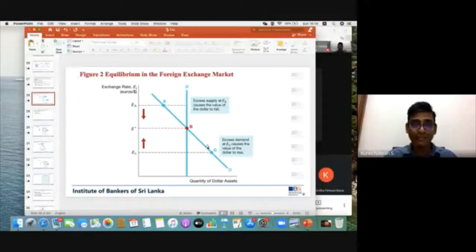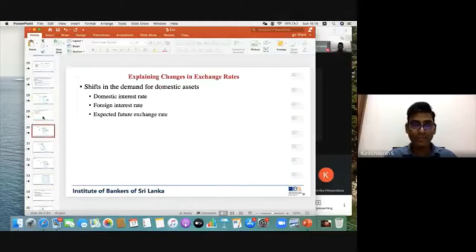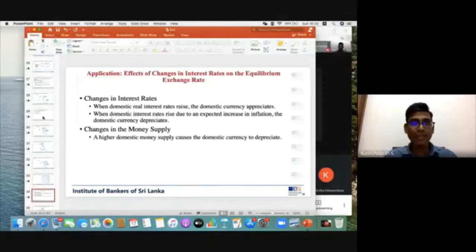So your exchange rate is going to be less in terms of USD euro, right? So that's what I wanted to say. A higher domestic money supply causes the domestic currency to depreciate. Clear?